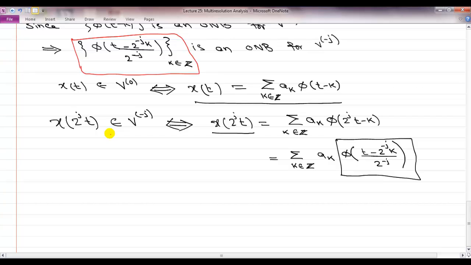So going back to the example of Shannon multi-resolution analysis, since we know that sinc is an orthonormal basis for band-limited functions from minus pi to pi, just a scaled version of that sinc will be an orthonormal basis for band-limited signals from minus pi by 2 to pi by 2, for example. So just scalings of phi of t give us orthonormal bases for all the other subspaces. Okay. So knowing the subspace for any one scale is enough to know the basis for any other scale.